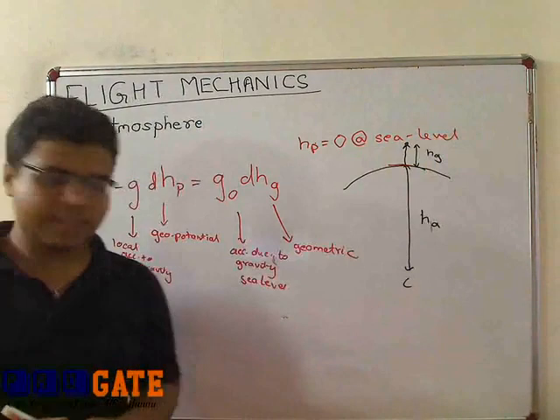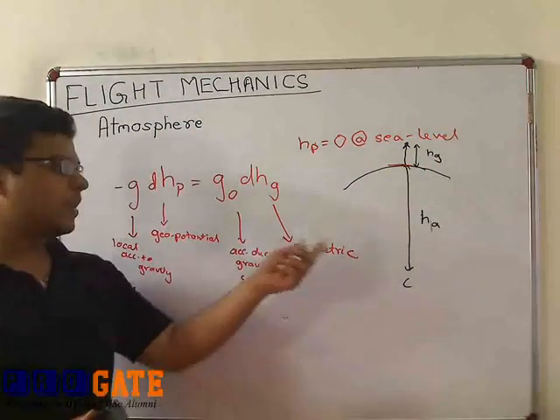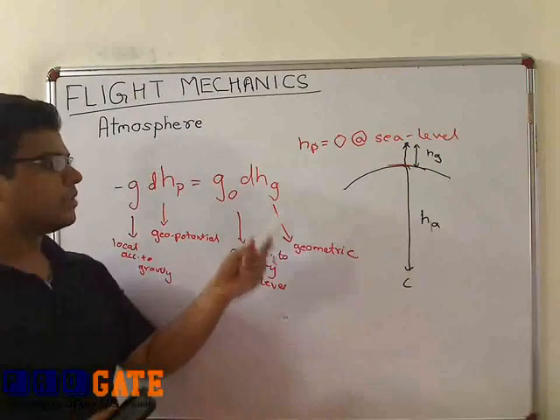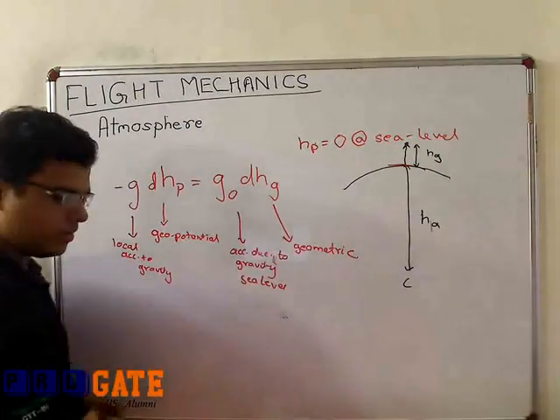So when we integrate this equation, we get a simple relation between the absolute altitude, the geometric altitude, and the geopotential altitude.